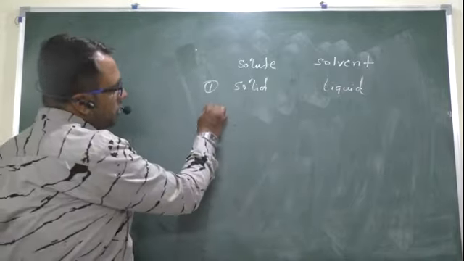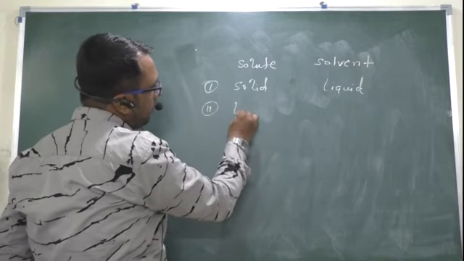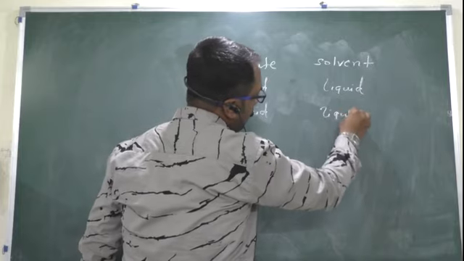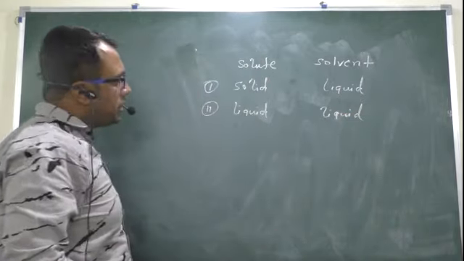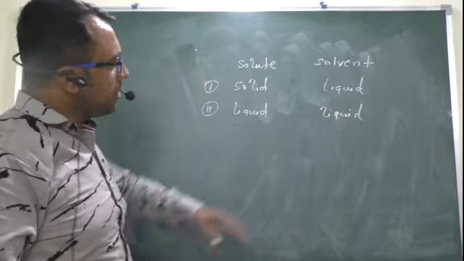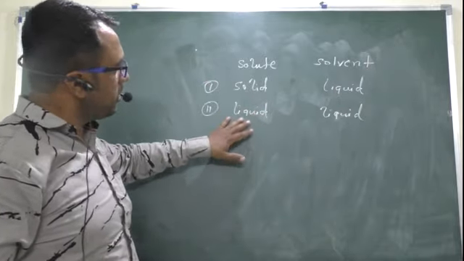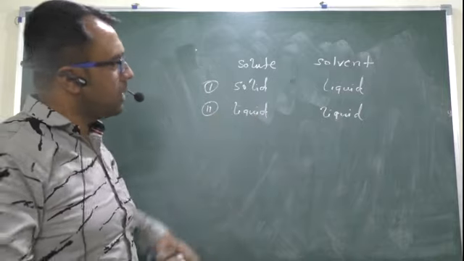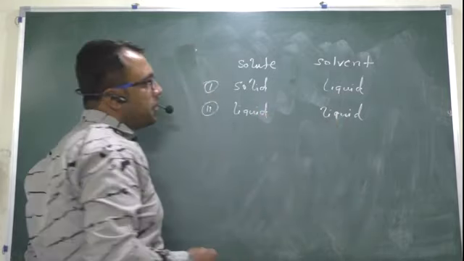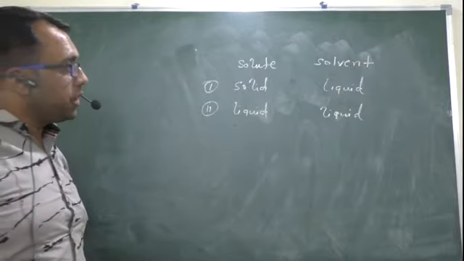The second type of solution is where we dissolve a liquid in a liquid. My dear students, please look at the pair of solvent and solute, because here the solvent is liquid but the solute has changed from solid to liquid. Now you are dissolving a liquid in a liquid.